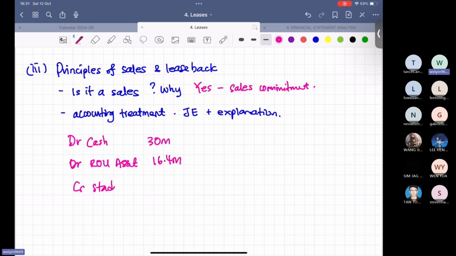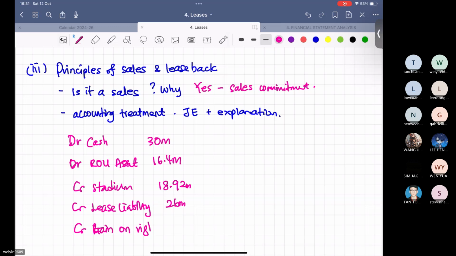Credit your stadium that you calculated, 18.92 million. Credit your lease liability, 26 million. And then the last one, credit gain on right of transfer, 1.48 million.